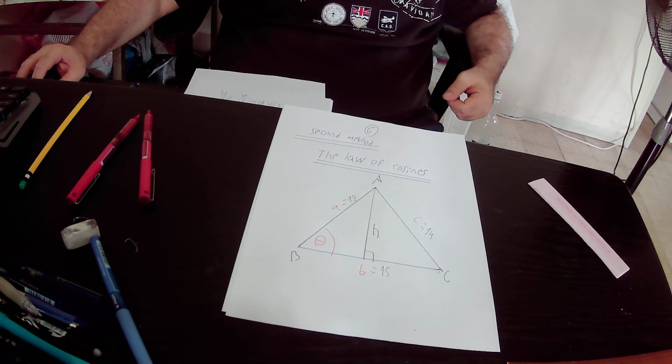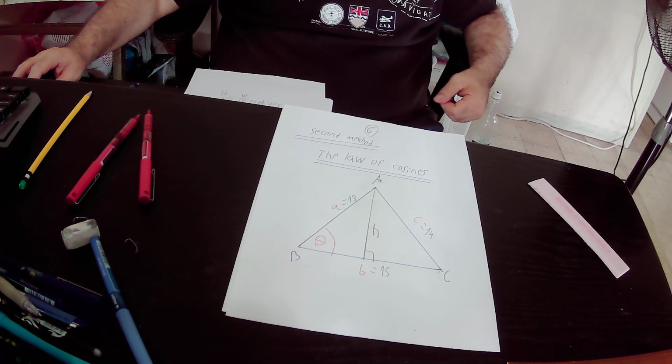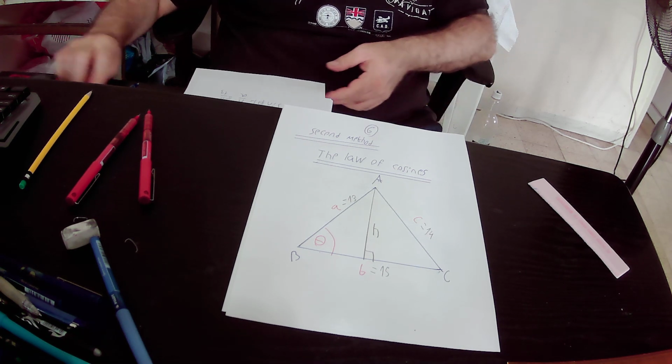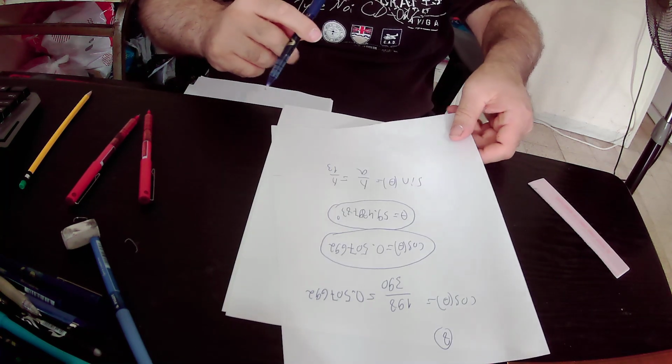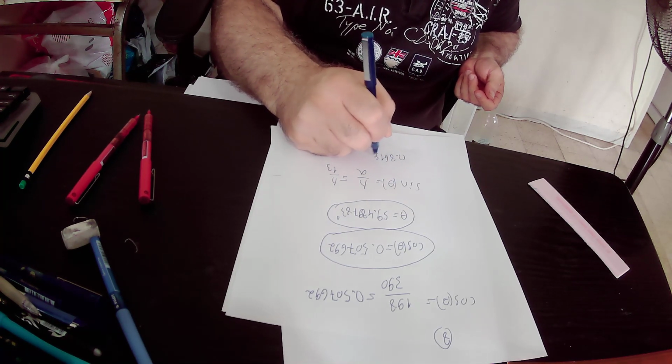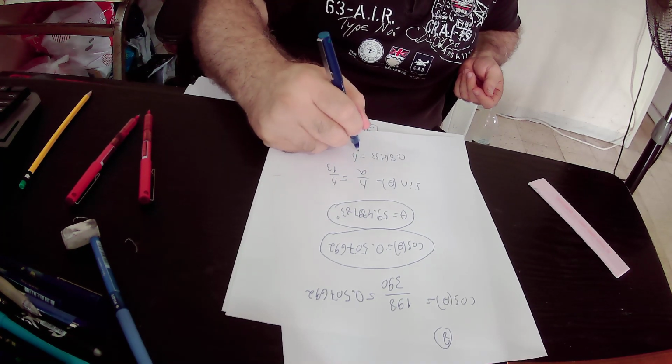Okay, so sinus of 59.489,783 equals, that is the value of sinus theta, 0.86153, equals h over 13.